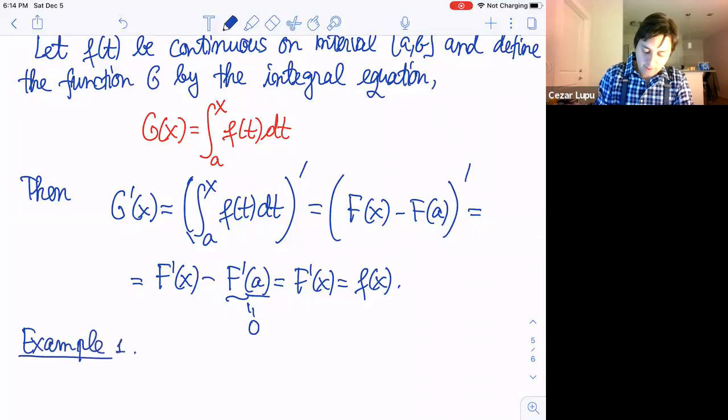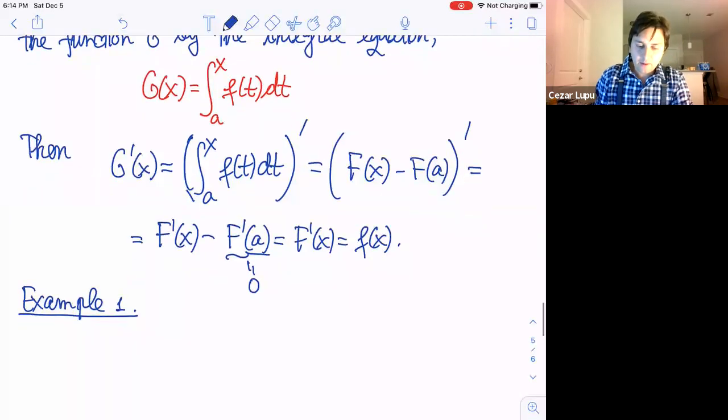So the first example that I have in mind is the following. Let's say g of x is the integral from 2 to x of t squared dt.